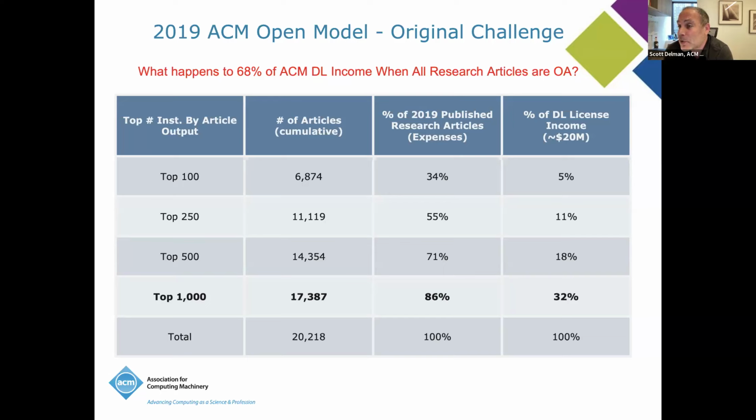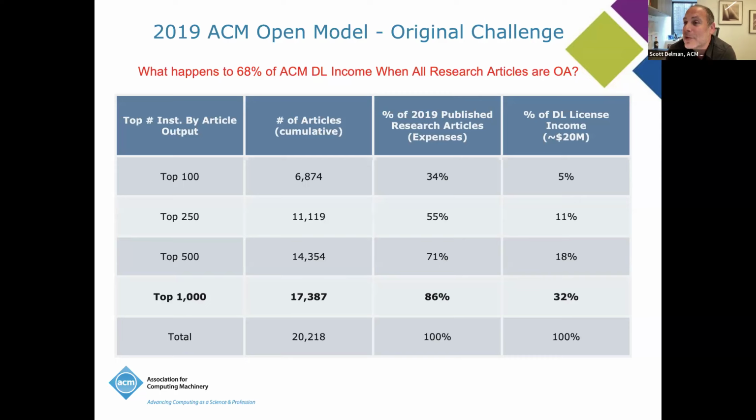That's fine with a subscription model, but if you're going to flip to mandatory open access, there's a very significant likelihood that those bottom 1,600 institutions, what we call tier 10 institutions, are going to cancel. If that happened without taking any kind of action, then ACM would lose 70% of the publishing income that we have, and ACM would no longer be able to be a scientific publisher.